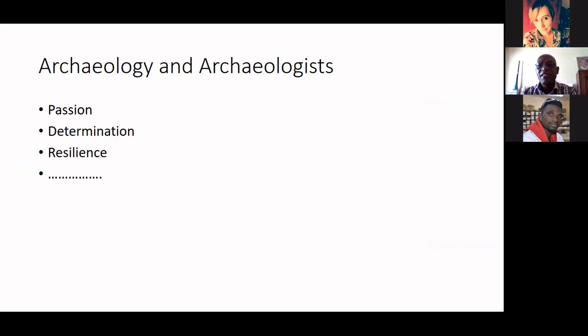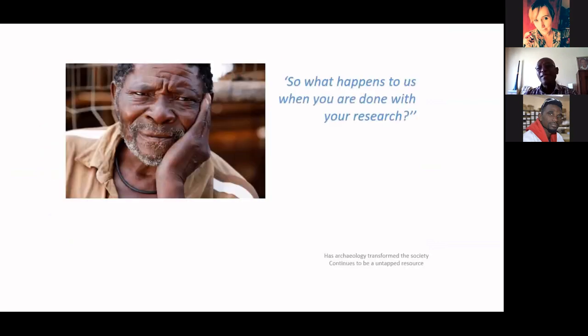You can add all the superlatives you may want to give. Archaeologists love their discipline. And within the same context, we deal with this archaeology and within the context of communities.